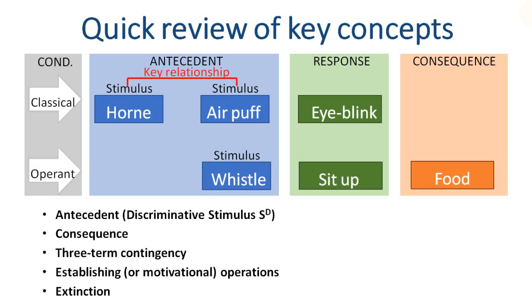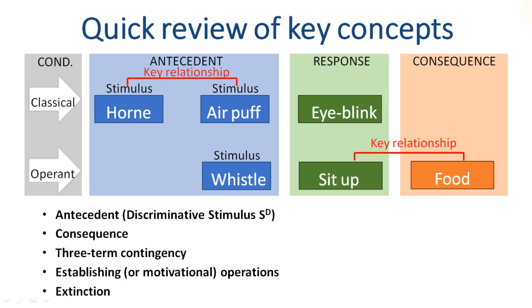And we contrast that to operant conditioning developed by Skinner, in which the key relationship is not that among the stimuli in the antecedent, but is between the response and what happens after. In other words, between the response and the consequence.